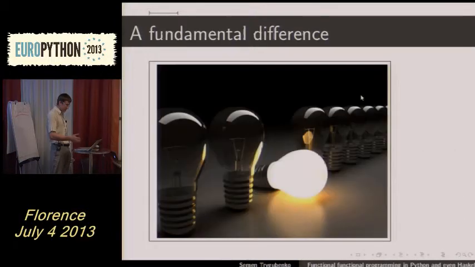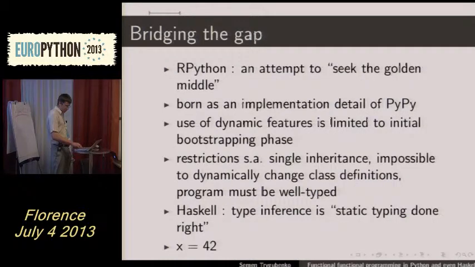So this is actually a fundamental difference, and this is, for me, where the languages are the most different. And there is a lot of stuff sitting between Python and Haskell. So for example, RPython is an attempt to bridge this gap. It's a sub-language born as an implementation of PyPy.